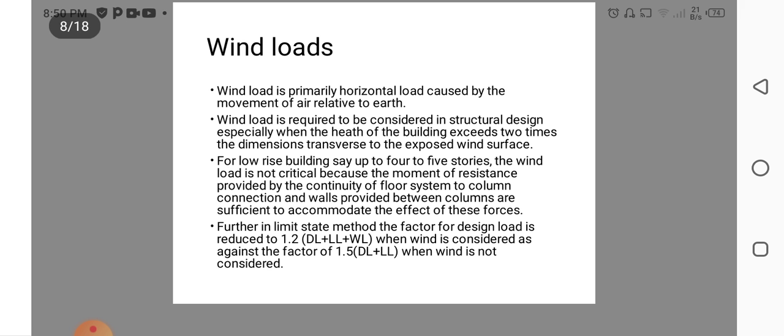Wind load. Wind load is primarily a horizontal load caused by the movement of air relative to the earth. Wind load is required to be considered in structural design, especially when the height of the building exceeds two times the dimension transverse to the exposed wind surface.